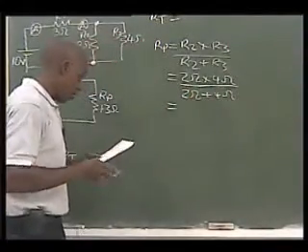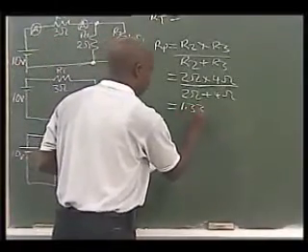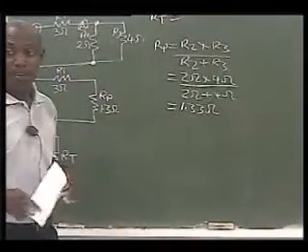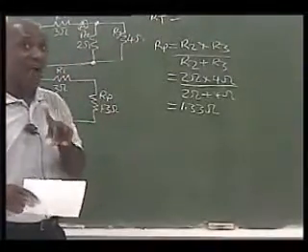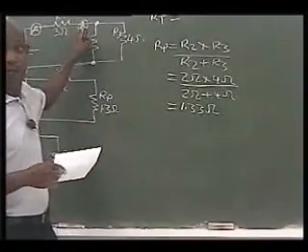If you work this out, you get 1.33 ohms. This is your Rp combination. It is not the RT, because we have not yet taken into account R1.